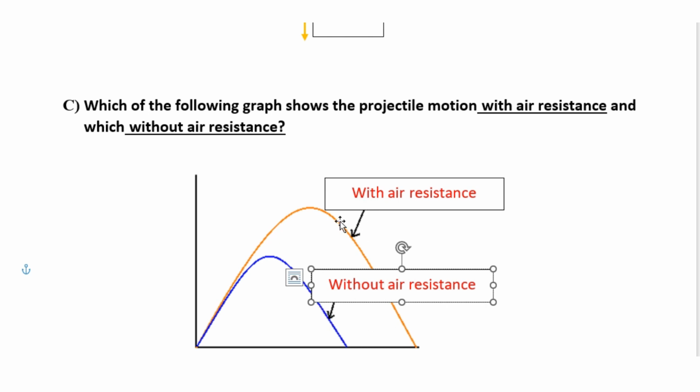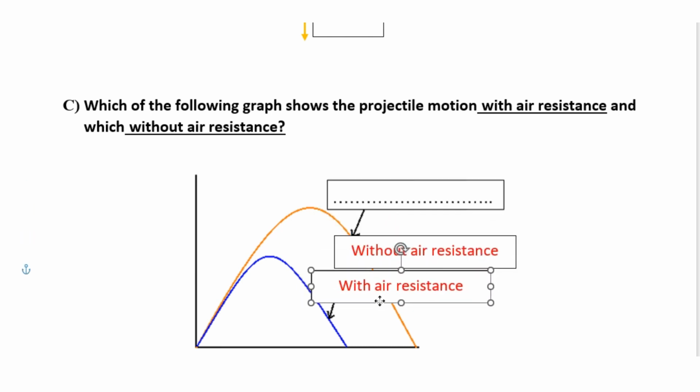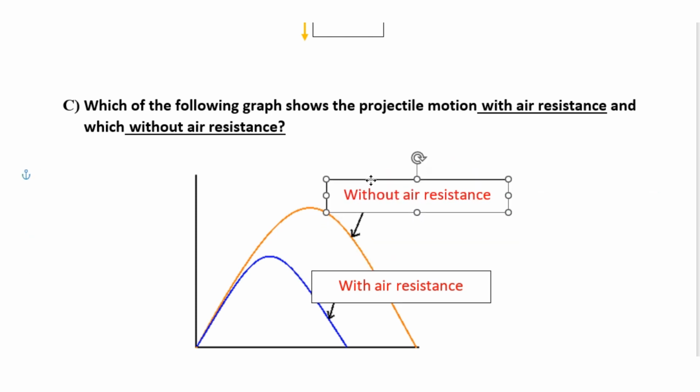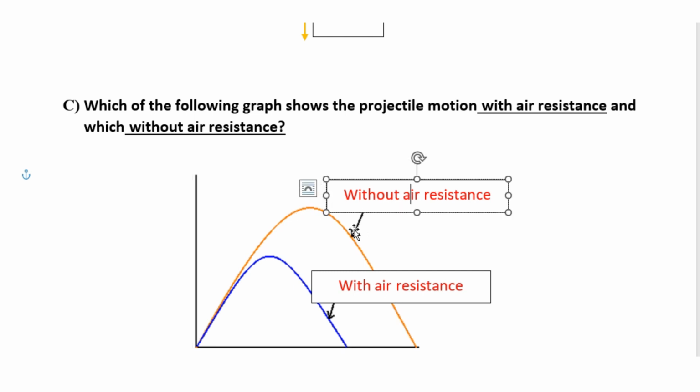No, this is incorrect. This is vice versa. This is without resistance. Why is it without? So that it goes further. And the last one, the blue one, is with resistance, so that it cannot go further.